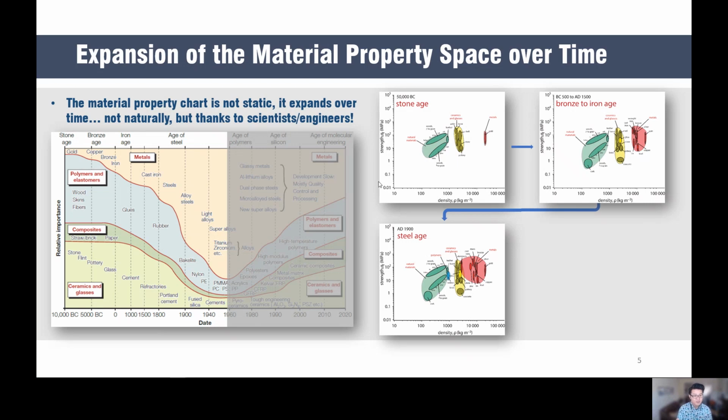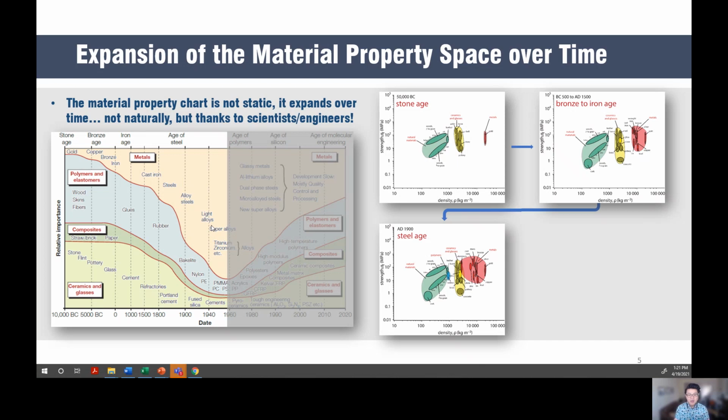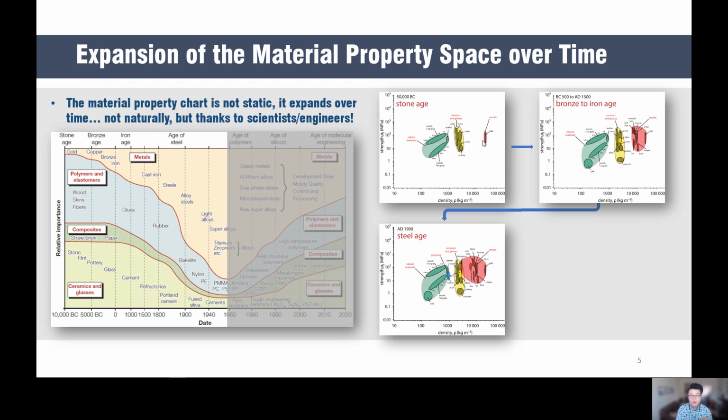As time moves on, we start to see another boom, and this is called the Steel Age. At this time, humans started to realize maybe we shouldn't be just using iron in its raw form, but rather we should be using it in an alloyed form. So what is alloying?